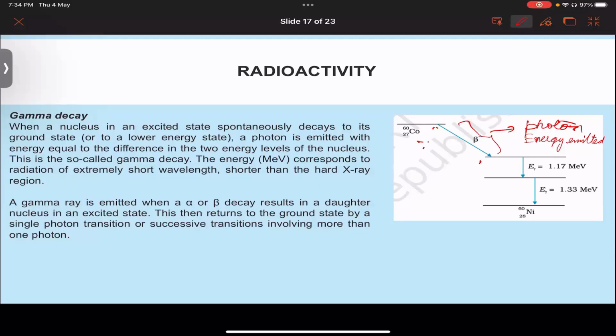It comes to the energy level 1.17 MeV. Then again it will have another transition, and again energy is released. So with gamma decay it will come down to another level, then with further gamma decay it will come down to the non-excited state, that is the nickel state. So this is the gamma decay.